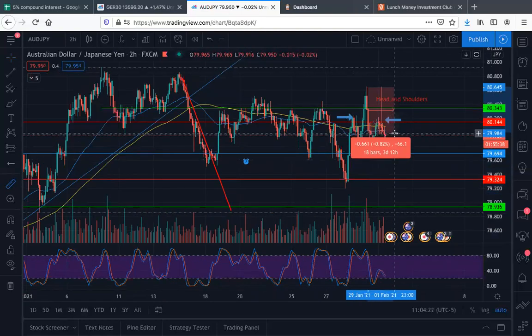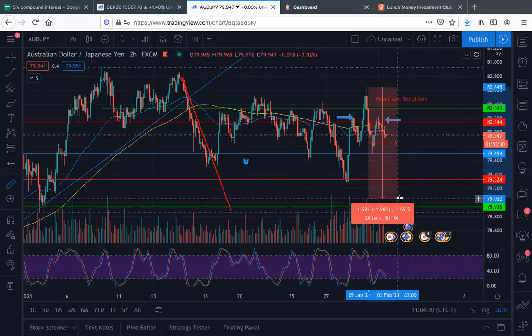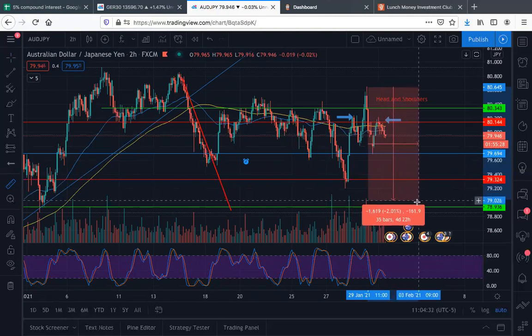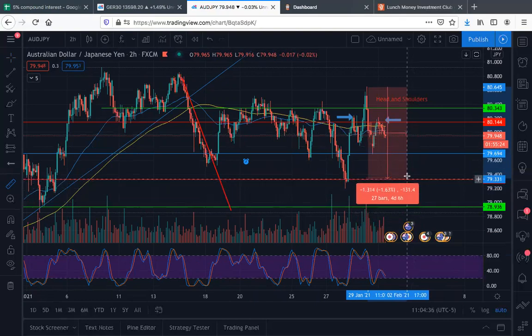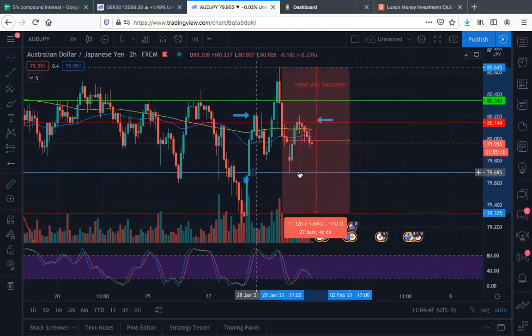Measure it again. We got 66 actually. 66. 132. Boom! Right to our 179 325 level.